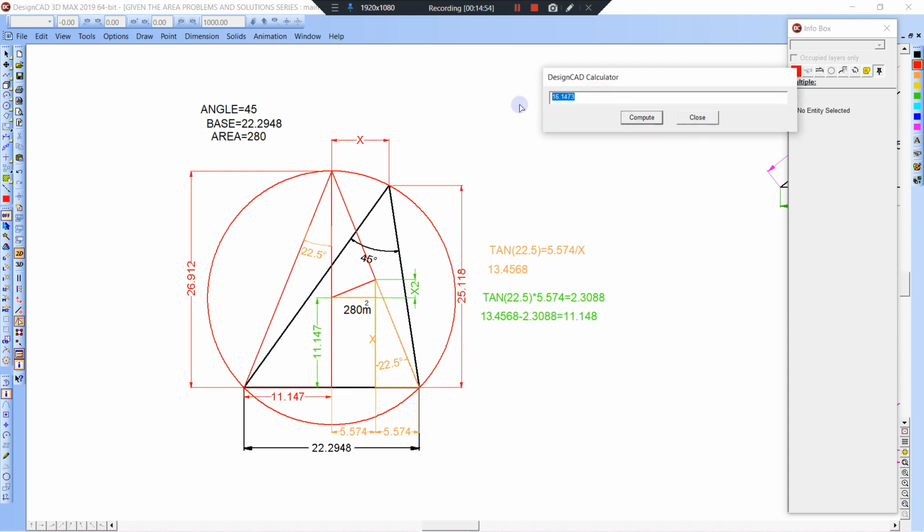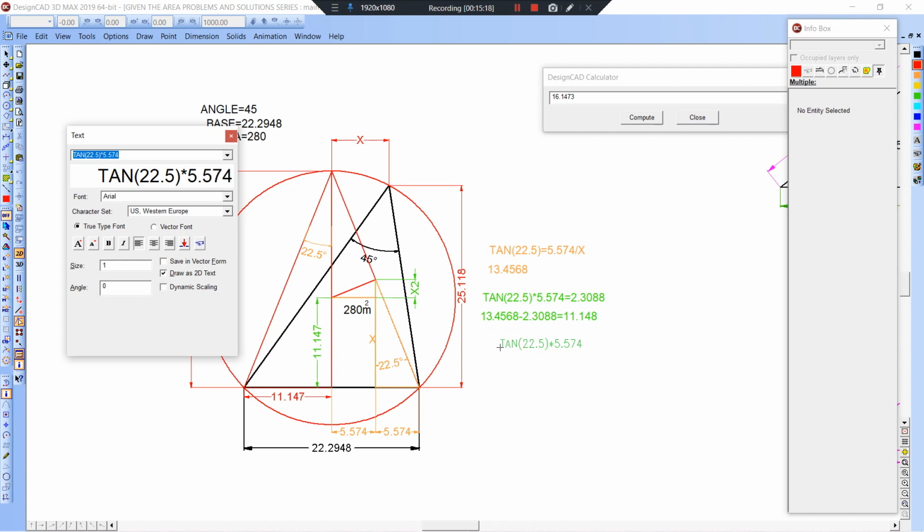Let's do that again. So 1/2, 180 times 2 divided by 22.2948. Huh. Type it out. 1/2 times 22.2948 equals 280.